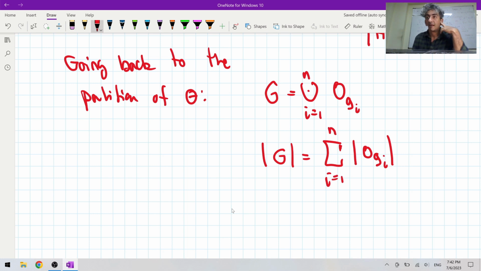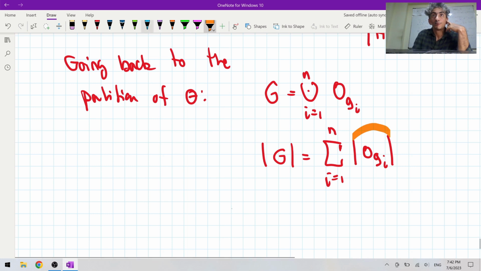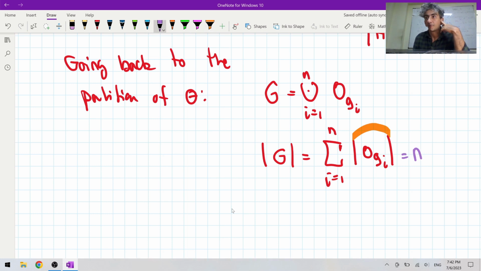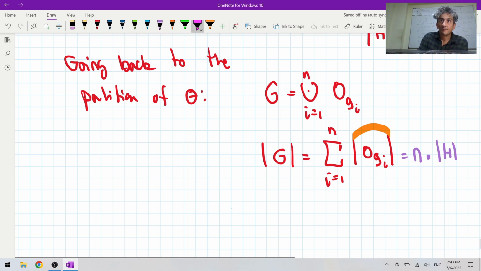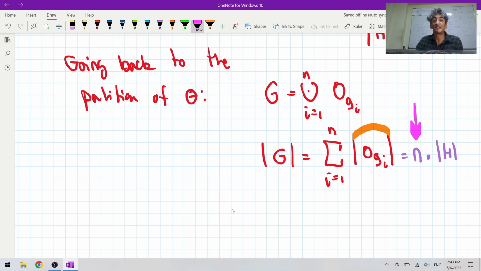And all these guys are the same. They all have the same number of elements. So this is simply n times the number of elements of H. This natural number n, the number of orbits, is called the index of H in G. It's the number of orbits that appear when we take a look at the Lagrange action.